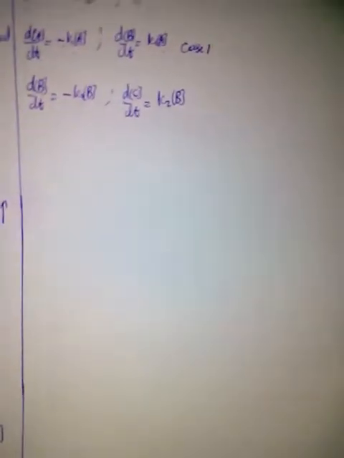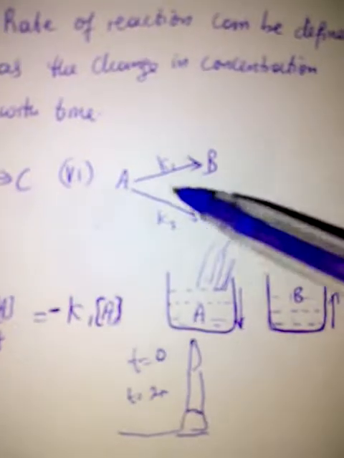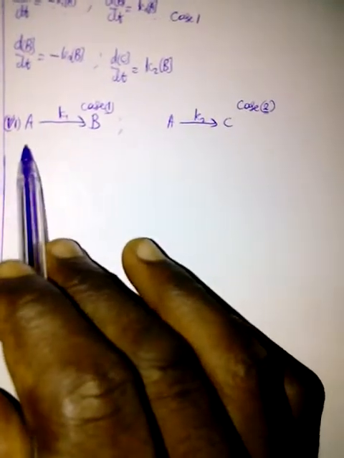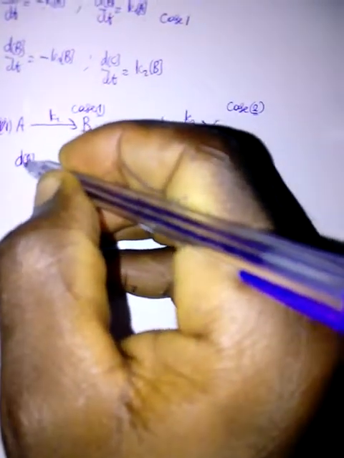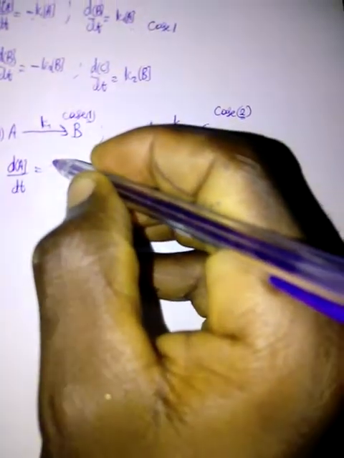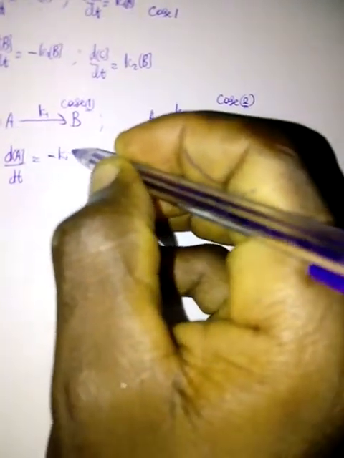So for the last but not the least, I'm going to break this kind of reaction down into two. For case 1, as written earlier, the differential rate law in terms of reactant equals d[A]/dt equals minus K1[A].